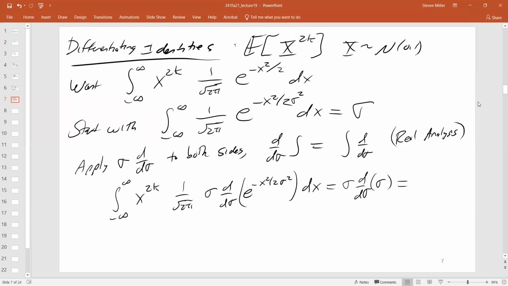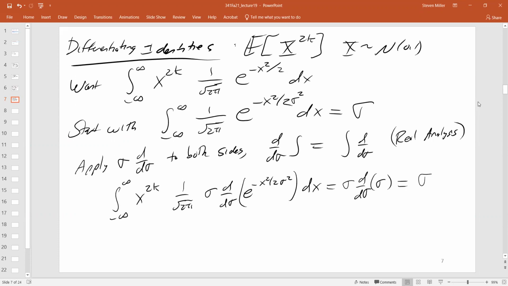What does the right-hand side equal? It's just sigma. Okay. Now, what's the derivative of e to the negative x squared over 2 sigma squared with respect to sigma? I get back the exponential, and then this is e to the negative x squared over 2 times sigma to the negative 2, so we'll get negative 2, negative x squared over 2, sigma to the negative 3.